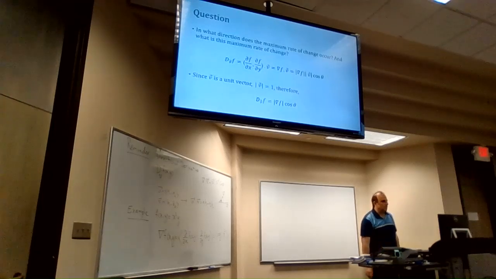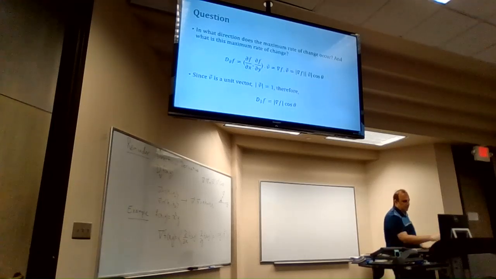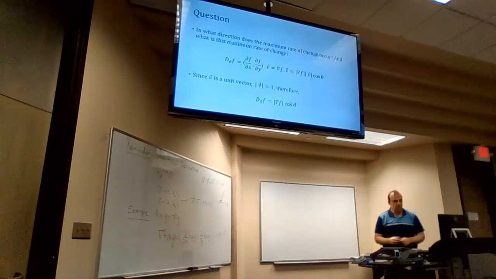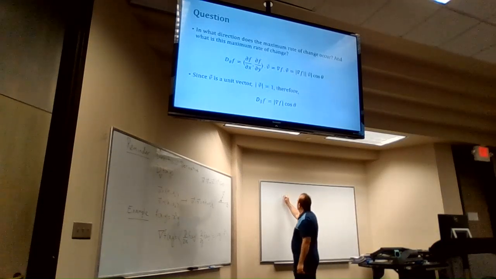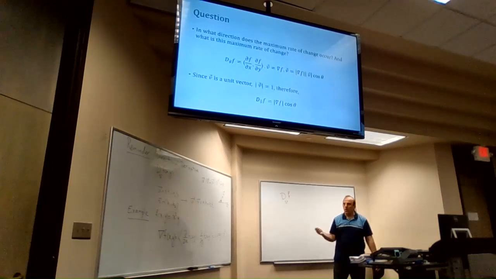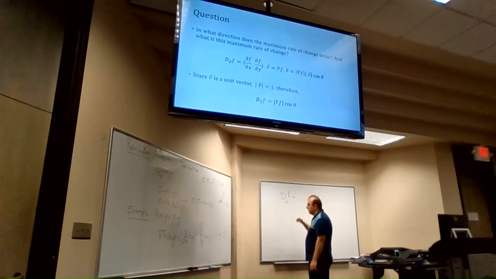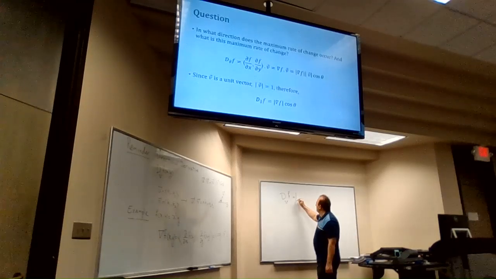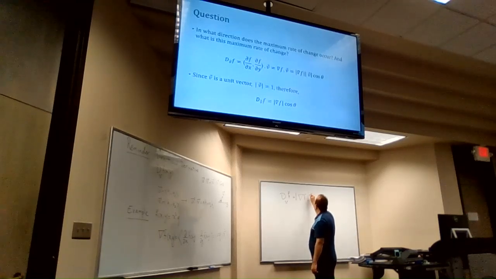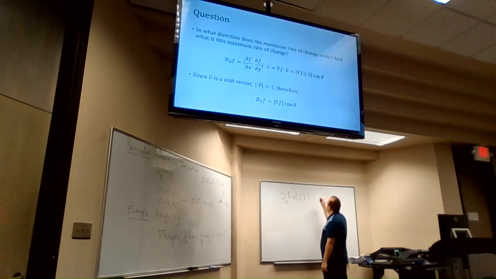So this answers our question, that this equation at the bottom of the screen, let me write it here: the directional derivative in the direction of unit vector v at any point (x, y), for simplicity I don't write (x, y), equals the norm of the gradient times cosine of theta.